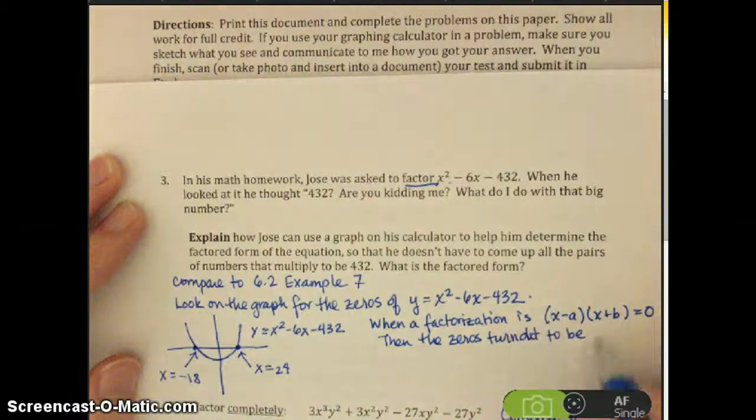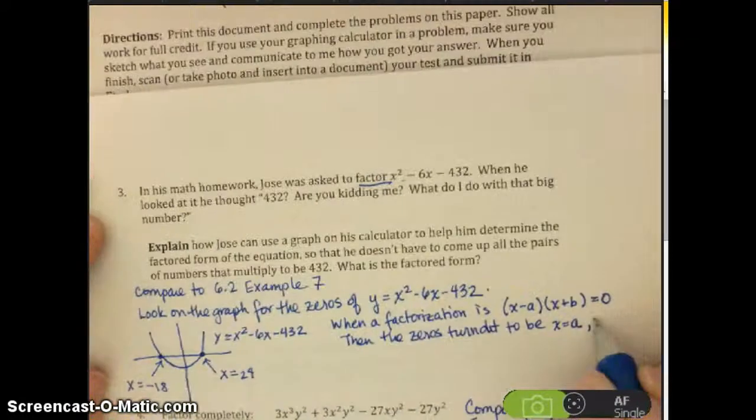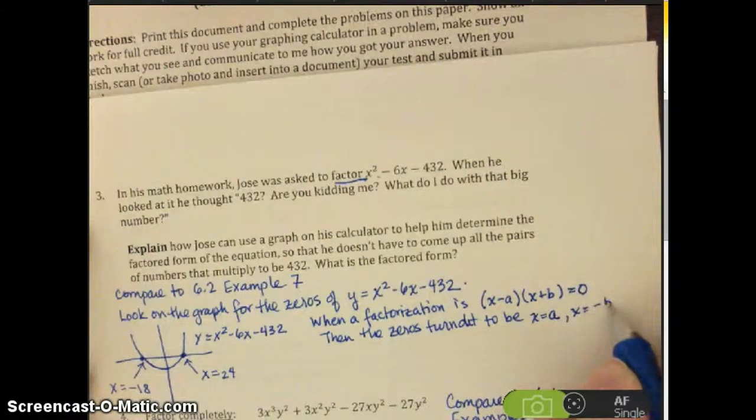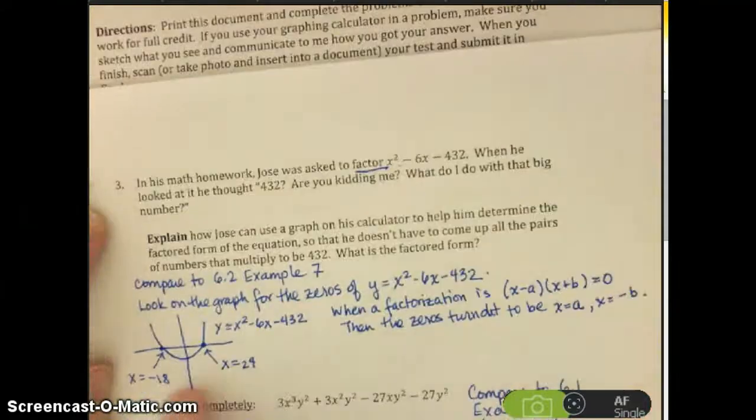So the zeros turn out to be x equals a and x equals negative b. So that's one way to think about it.